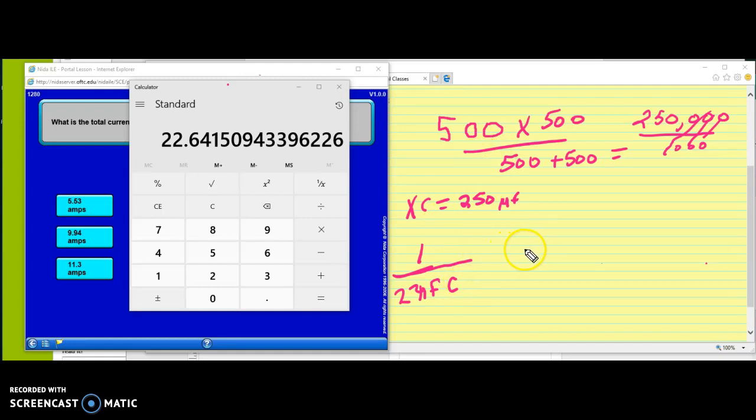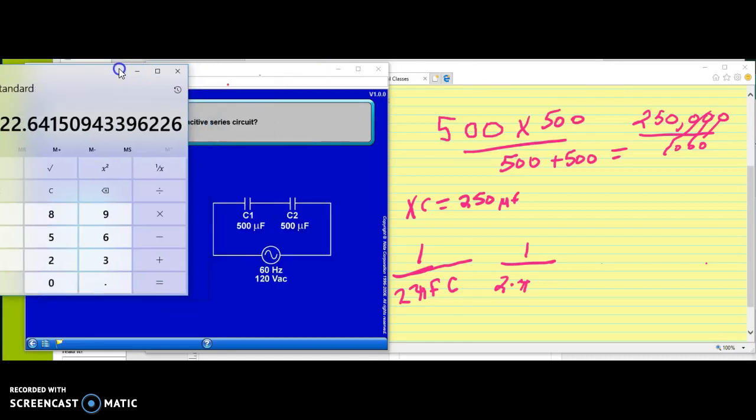So if we redo this and say 2 times pi, and I'm going to pause the video to catch that call. As soon as I get the pause back, we'll take up here where we are. Okay, so we're taking 1 over 2 pi, and of course, let me move the calculator so we can see the frequency.